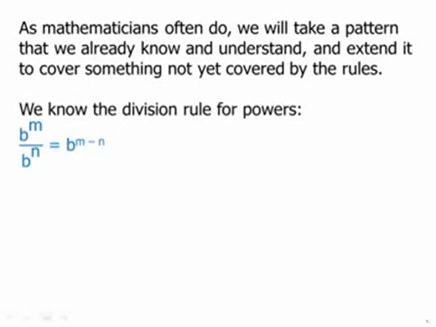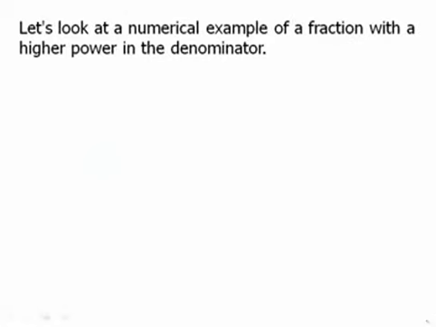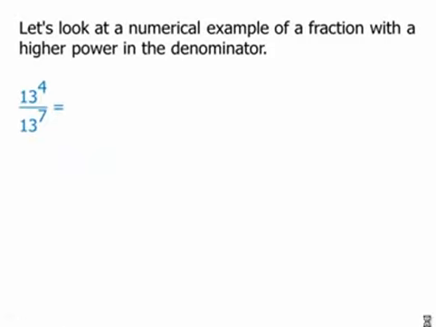In this particular case, we know the division rule for powers. That's something we've talked about in the previous video. We know that if we made the denominator exponent bigger and the numerator exponent smaller, then we would get a negative result for the subtraction, and that would give us a negative exponent. Let's look at a numerical example with a higher power in the denominator.